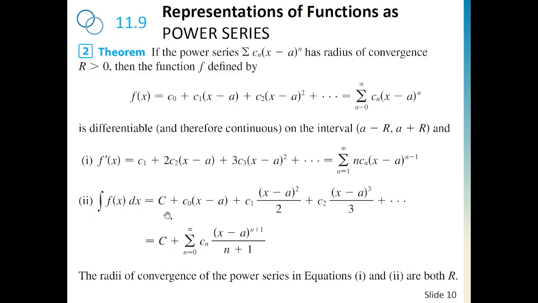Important thing is to remember our constant of integration. This will be crucial. In each integration we will have a constant of integration, and we will try to find its value. Sometimes it will be 0, sometimes the value of the constant will be some number different from 0. So we need to be careful. Each time we integrate, we will have a constant of integration. That's why I write it first, so we don't forget it.